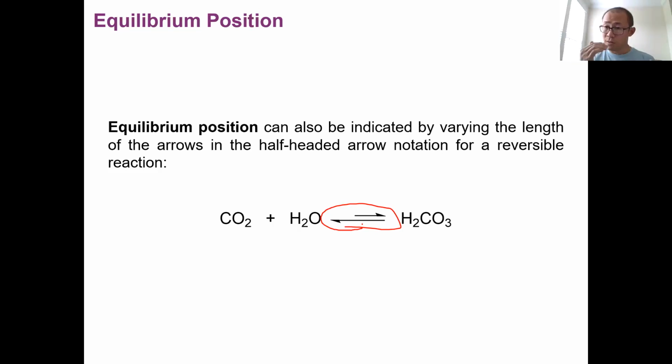This means this equilibrium favors the reactant. You only get a tiny amount of product, because the reversible reaction favors the reactant in this case. So we can use half arrows of different lengths to show which side the reaction favors, or where the equilibrium is positioned.